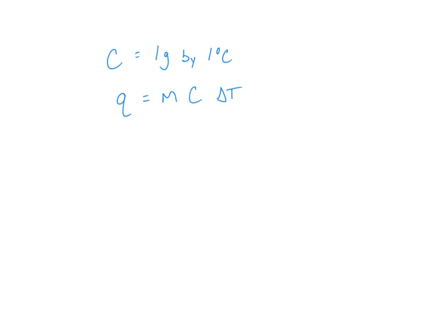Finally, we want to recognize that if we are putting two materials of different temperatures together, the heat lost by the material that's cooling down will equal the heat gained by the material that's warming up. The law of conservation of energy tells us that has to be the case.